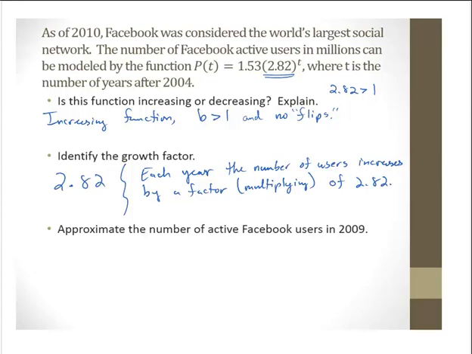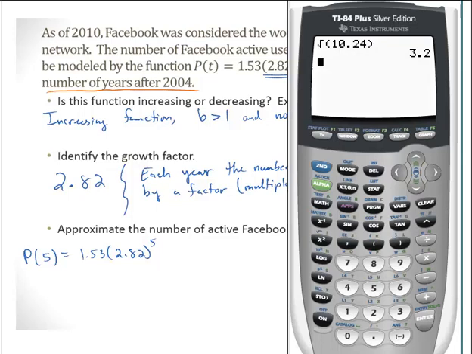Approximate the number of active Facebook users in 2009. Now, t is the number of years after 2004, so 2009 would mean t equals 5. So then p of 5 would be 1.53 by 2.82 to the 5th power. We're going to use a calculator for this. 272.9.